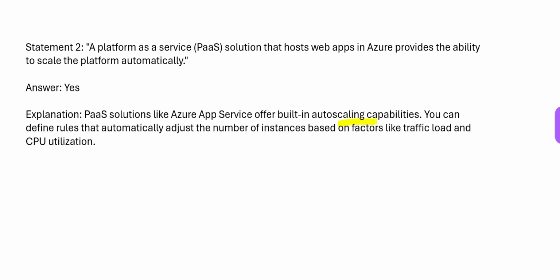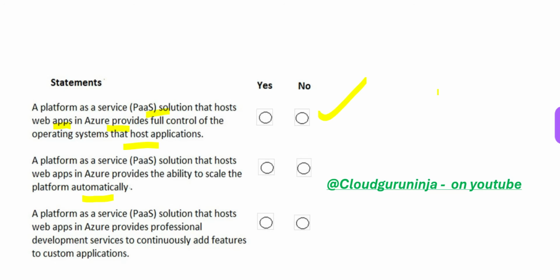Whenever the rule is true, you adjust the number of instances. You see the traffic load, you see the CPU utilization, and then you decide the number of instances. That is taken care of by this solution. So the answer is yes.